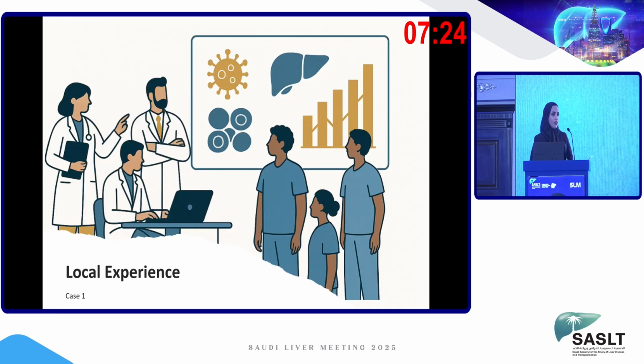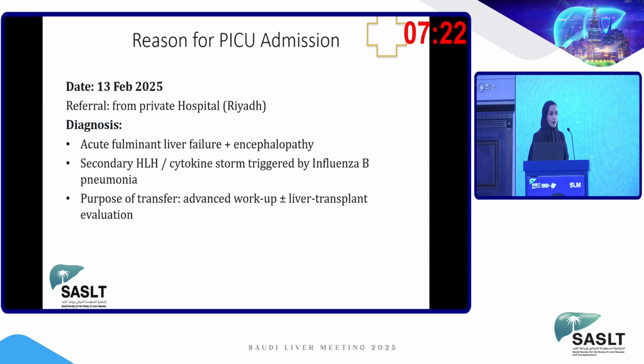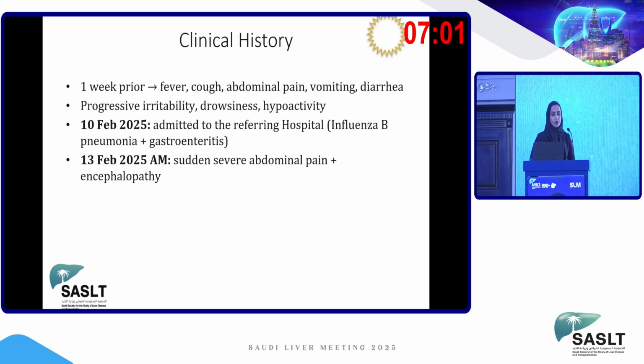So let's begin with our first case. This patient was referred to us from a private hospital on the 13th of February 2025 as a case of acute fulminant liver failure with worsening encephalopathy, presumed to have secondary HLH and cytokine storm triggered by influenza B pneumonia. She was transferred to us for advanced workup plus or minus liver transplant evaluation.